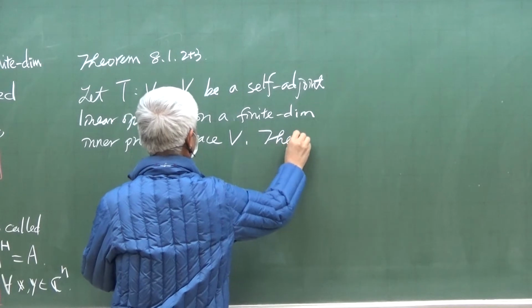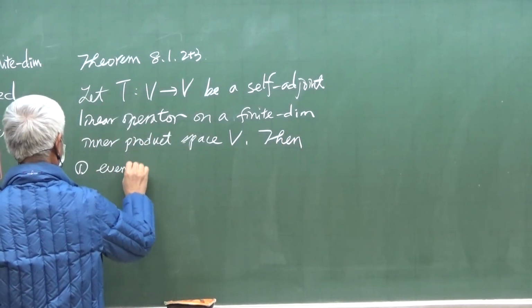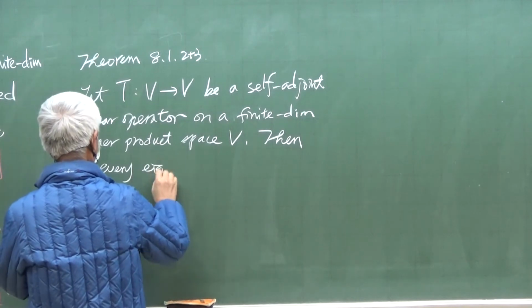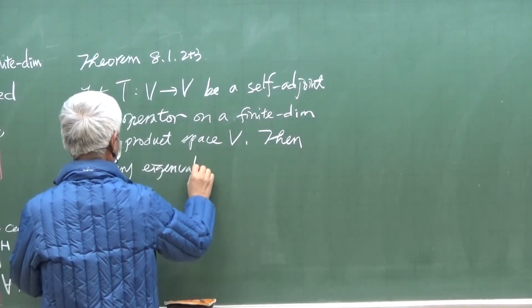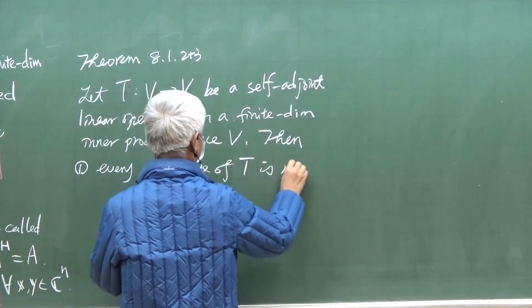Then we have two consequences. First, every eigenvalue of T is real.